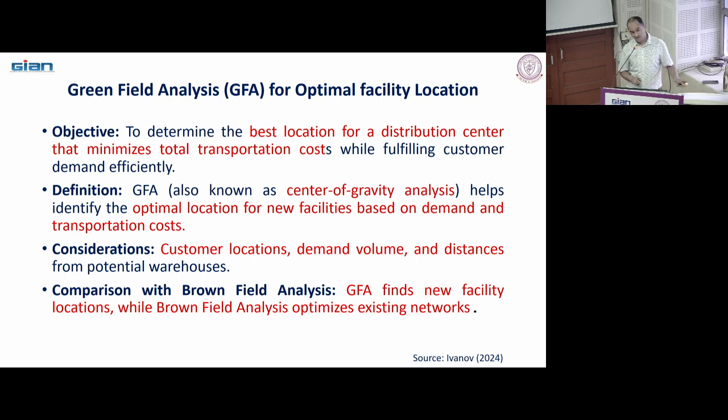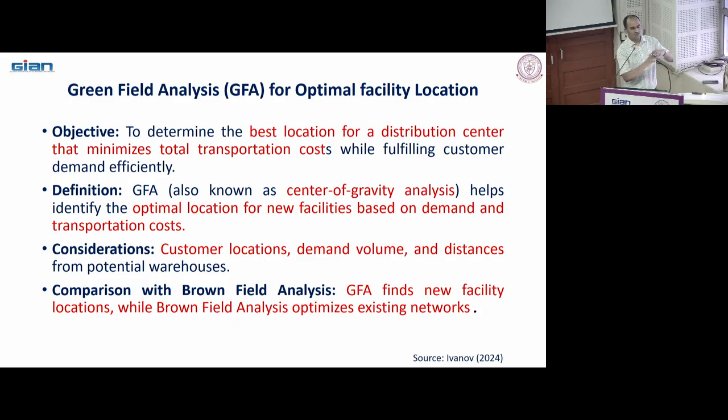Comparison with brownfield analysis. Do you know the difference between greenfield analysis and brownfield analysis? Is anybody aware of brownfield analysis? Greenfield analysis means we don't consider the existing network. We know only the customers and the supply, we don't consider the existing DCs or facilities. In brownfield analysis, we analyze existing networks.